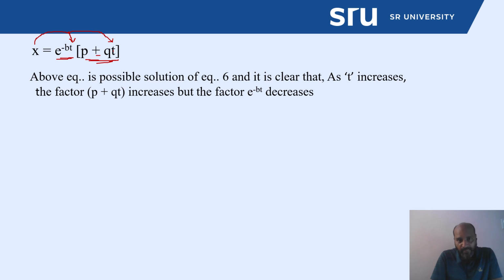But here this is positive because the time is with positive, and this is negative because the time is with negative. So the physical interpretation is that the displacement of the oscillator will increase because of this second term, but at the same time the displacement of the oscillator will decrease because of this first term, right? What does it mean?